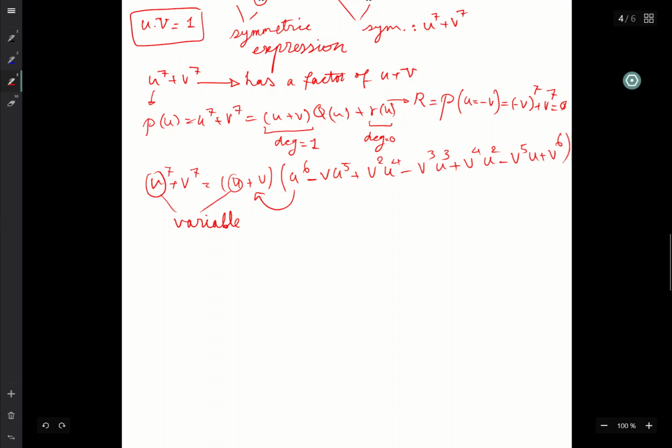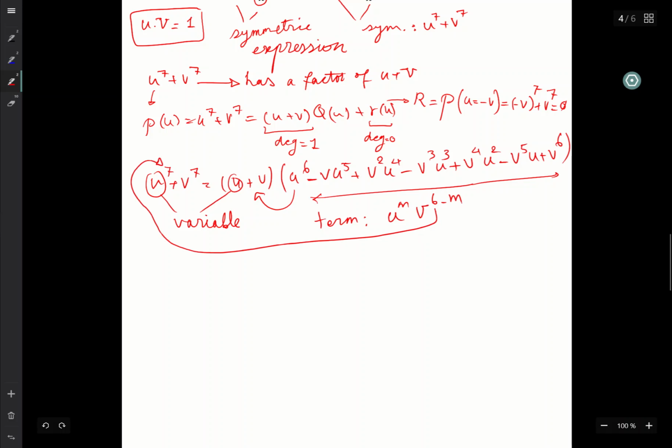Okay? So the terms here, the general way of writing this down is that each term is something of u to the power m times v to the 6 minus m, and 6 is 1 degree less than the power that we had here. This is 7 minus 1.